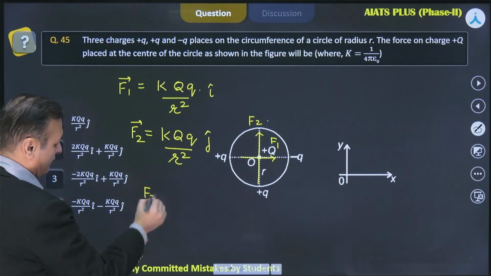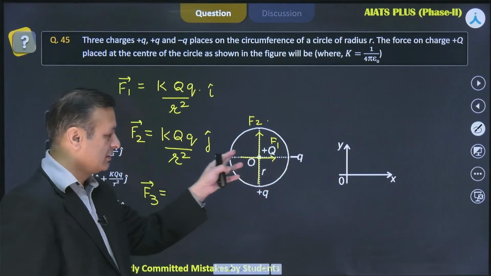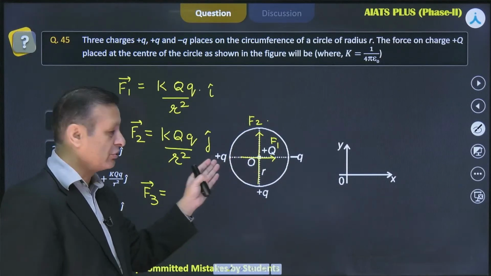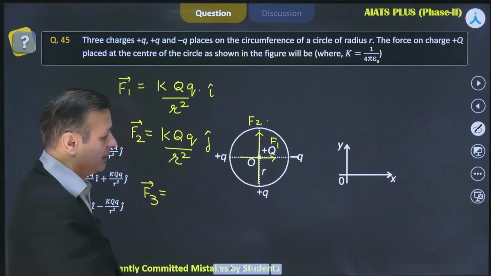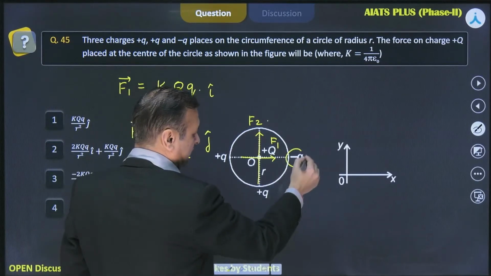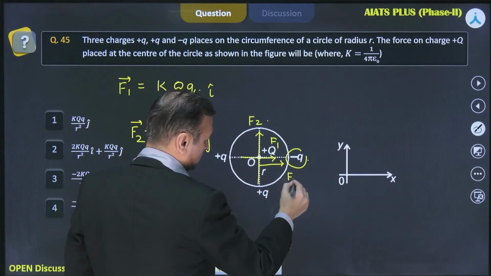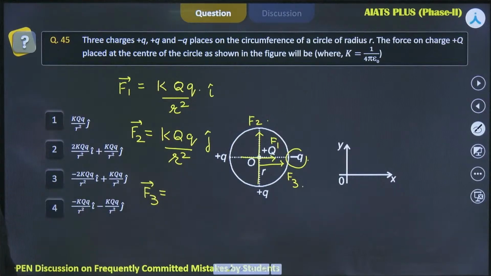Then there is another force, F3. Now look at this: because this charge and this charge, both are positive, we have a force away from this. But look at this charge, this being negative, will attract, and we have another force, that is F3. Look at the direction of F3.